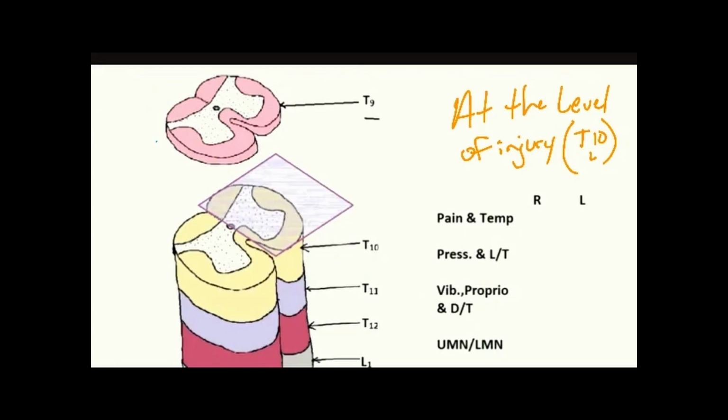pain and temperature on the right side. On the right is going to be okay. The left, you lose everything, and you have a lower motor neuron.